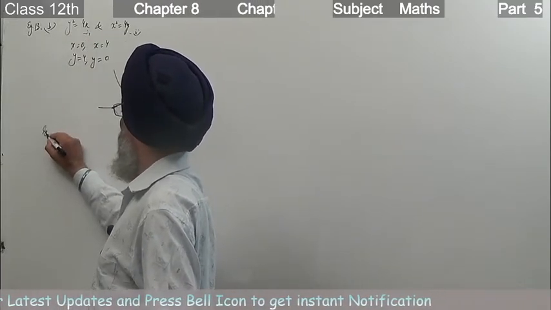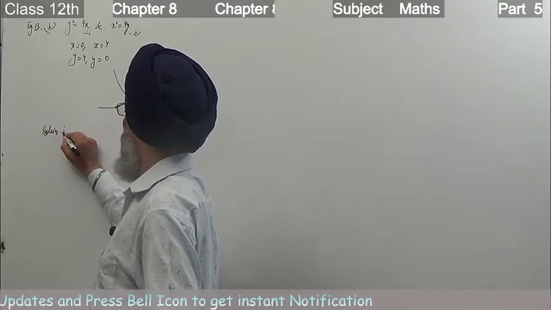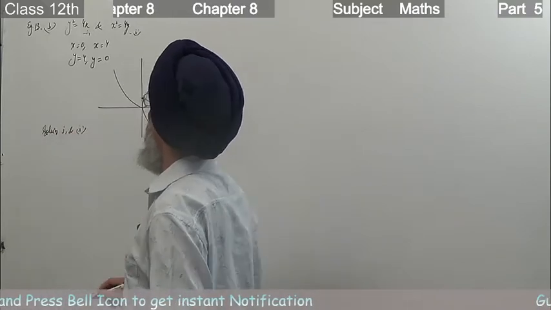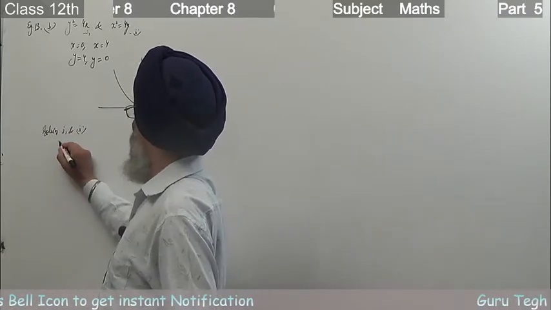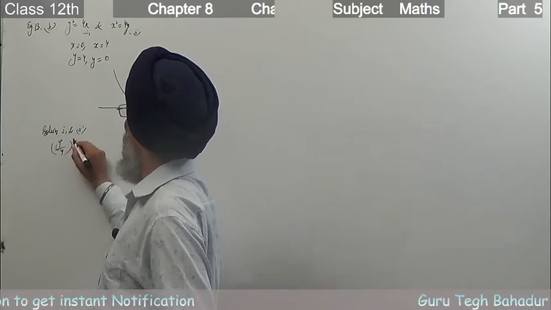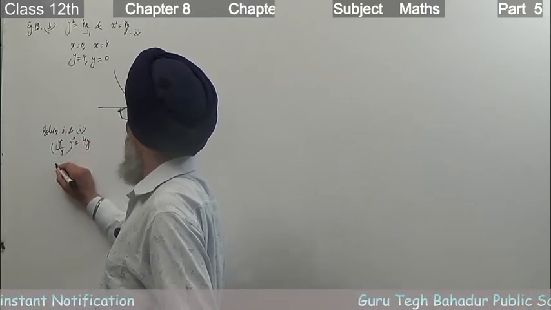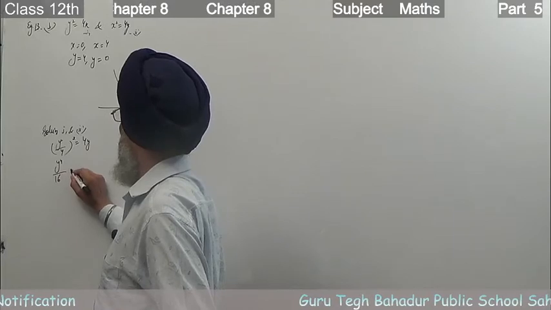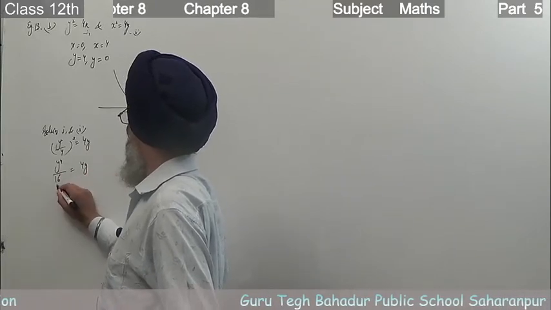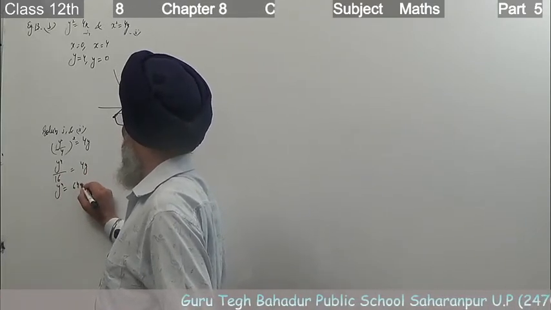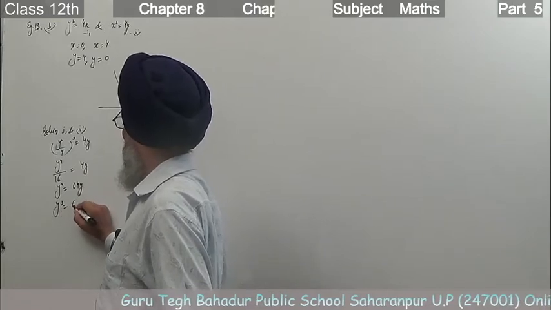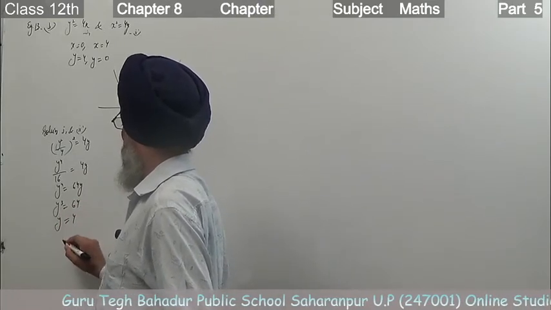So, solving first and second, it's y square upon 4 whole square is 4y, y to the power 4 upon 16 is 4y, y to the power 4 is 64y, or you can say y cube is 64.